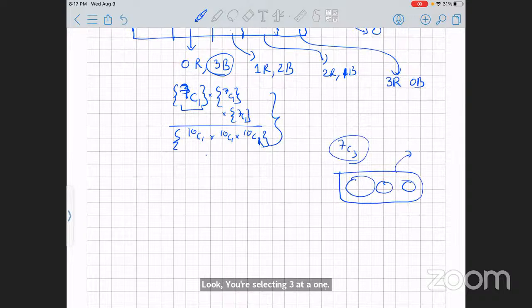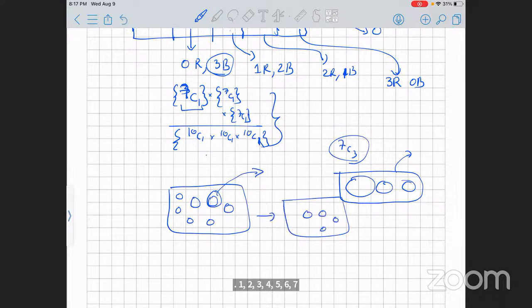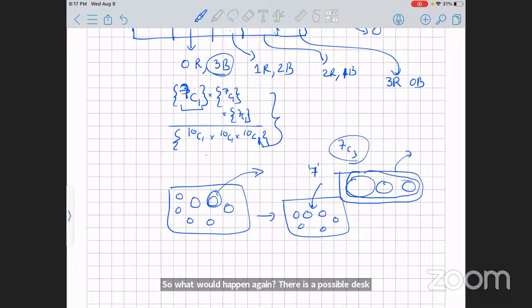Now 7C1 means, listen carefully, in the box there are 7: 1, 2, 3, 4, 5, 6, 7. You only choose one and you replace it. So again there is a possibility of 7 things, but here it is not like that. Here you pick all these three at once.